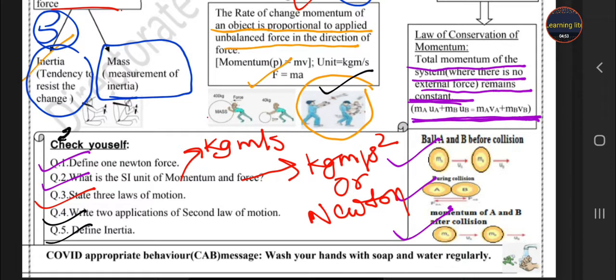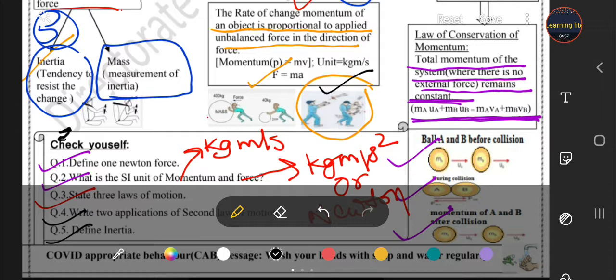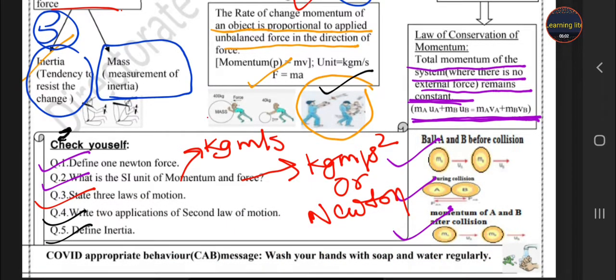And student, at last you notice there is a message from our government related to COVID. And what is the message? Please note it carefully. Wash your hands with soap and water regularly. So student, I think you are all aware. You wear mask properly, you sanitize, you also follow social distancing.